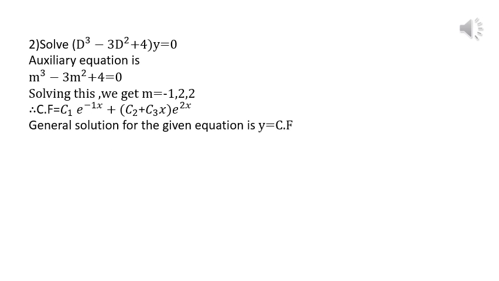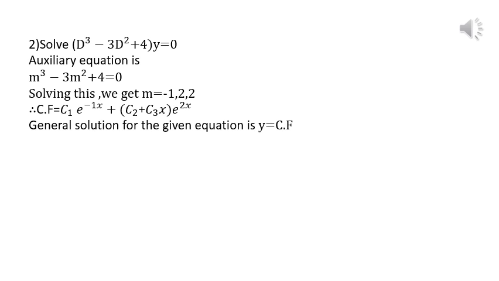Question number 5. Solve inside the bracket d cube minus 3d square plus 4 outside the bracket y is equal to 0. So here what we are given is a third order homogeneous linear differential equation with constant coefficients.